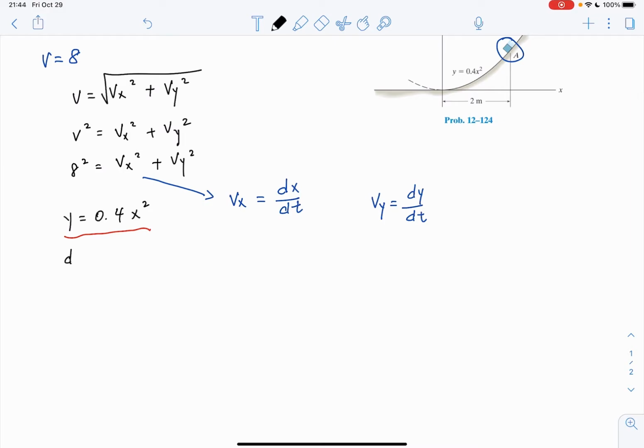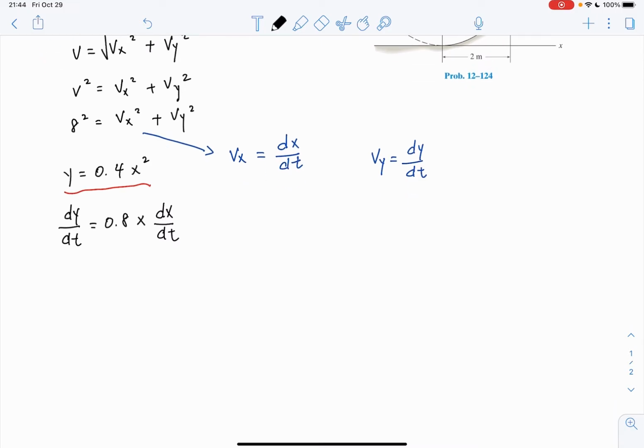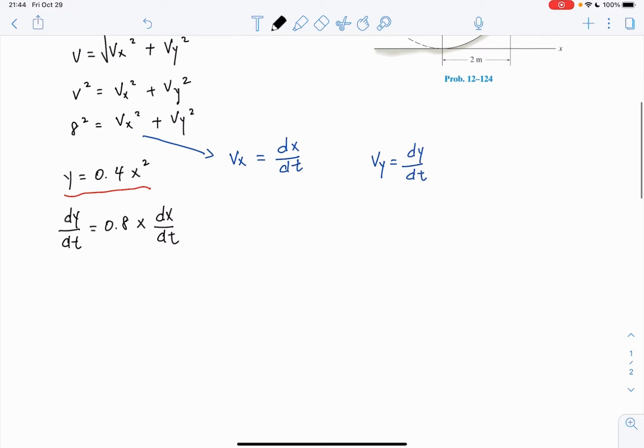So we have dy over dt equal to 0.8x dx over dt. Now, what we are looking for is dx over dt. See here, this one. Yeah, that is vx.